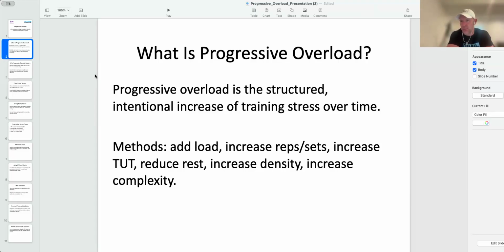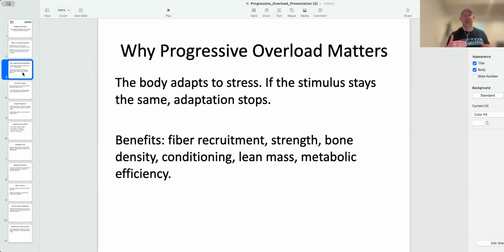So that would be a little bit more extreme. But there's also complexity of the movement patterns, and you can go even into speed of complexity, which is explosive movement patterns. And we have all different fitness levels, and some of you may not have gone through all what I'm talking about, which is fine.